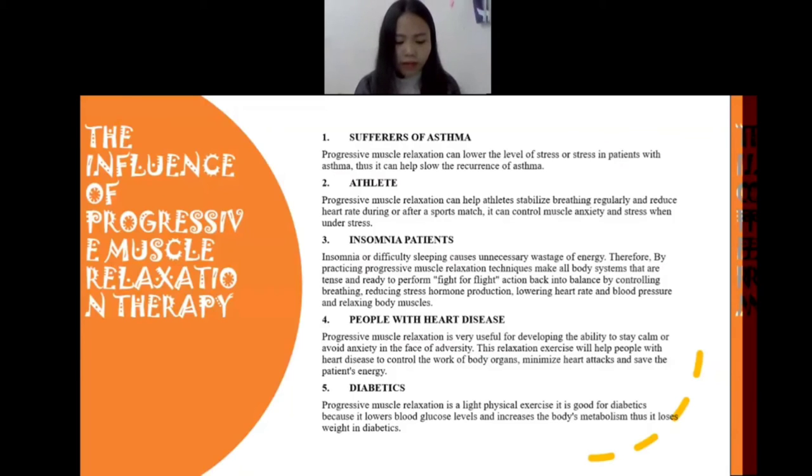The fight or flight response is an automatic physiological reaction to an event that is perceived as stressful or frightening.